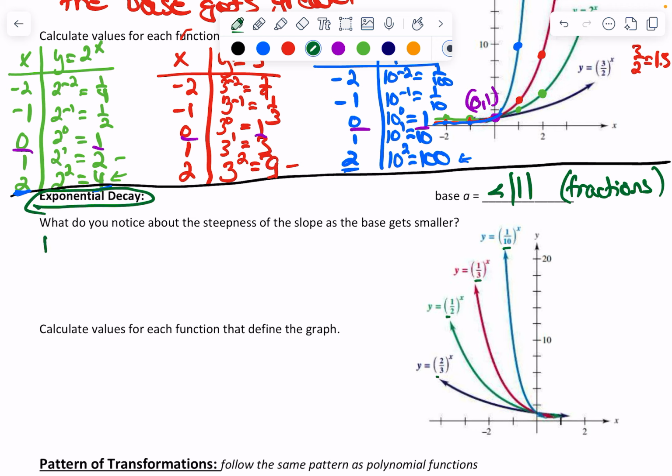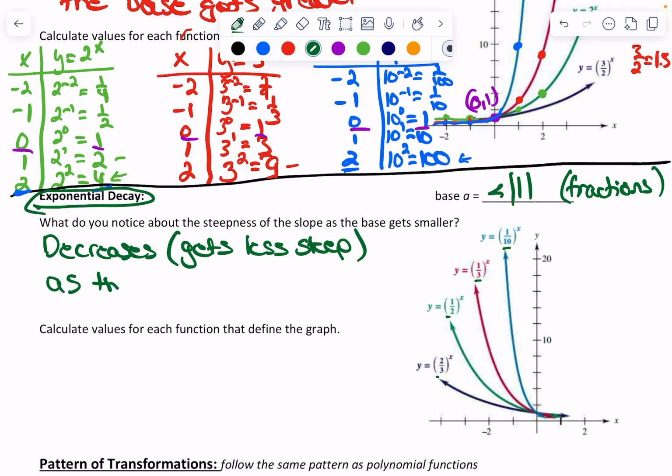It decreases, gets less steep as the base... now decreases as the base gets larger, actually.